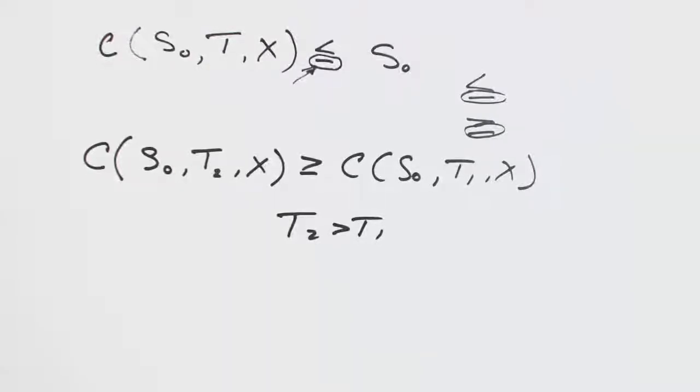One way to think about it is, if you have house insurance for 1 year, is that more expensive or less expensive than house insurance for 6 months? And you know right off the bat, the 1 year of insurance is going to be worth more. You're going to pay more for it. So you can think of a call option from that perspective. The longer the maturity, the more valuable it is, all else being equal.